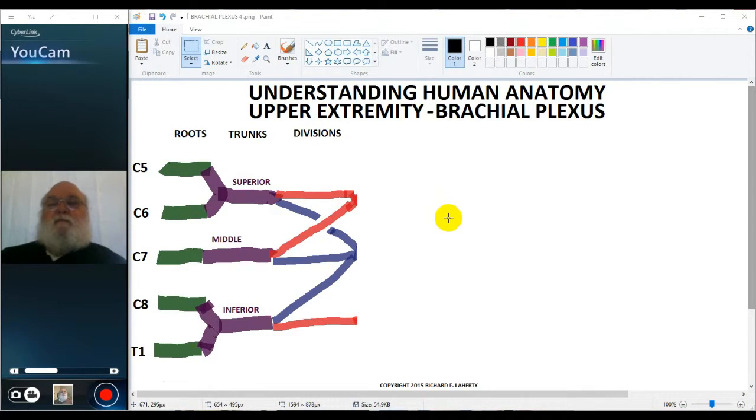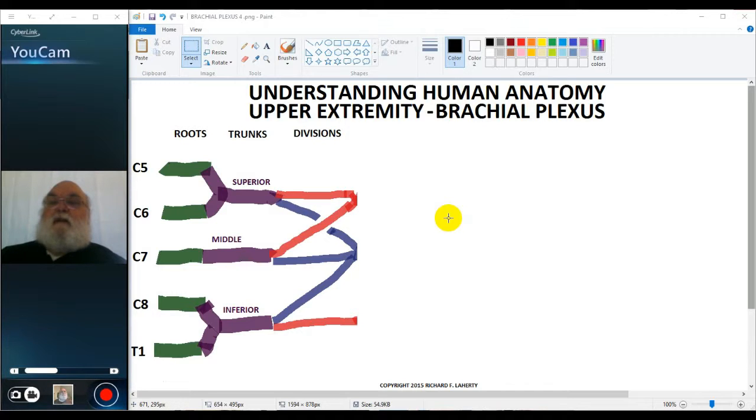In summary, the brachial plexus starts out with 5 roots. Each root is a branch of an anterior ramus of a spinal nerve, beginning with spinal nerve C5. So it's C5, C6, C7, C8, T1. The roots from C5 and C6 come together to form the superior trunk.